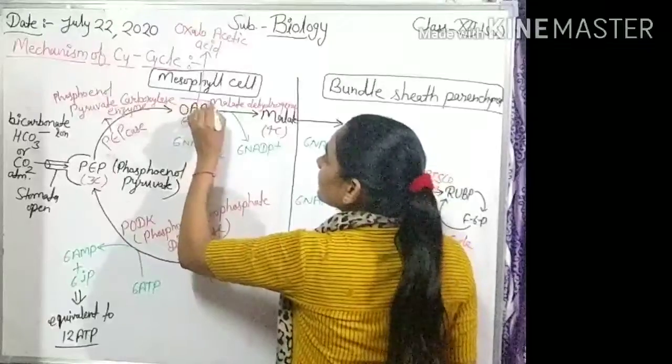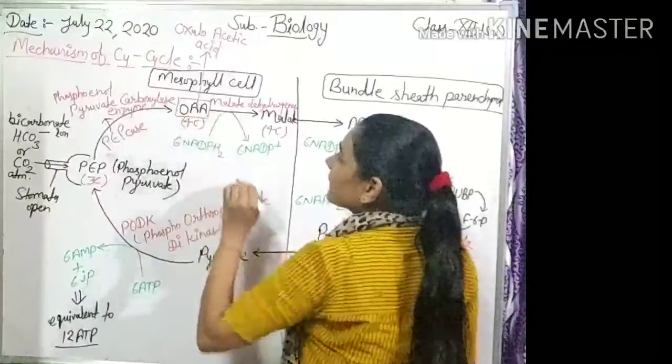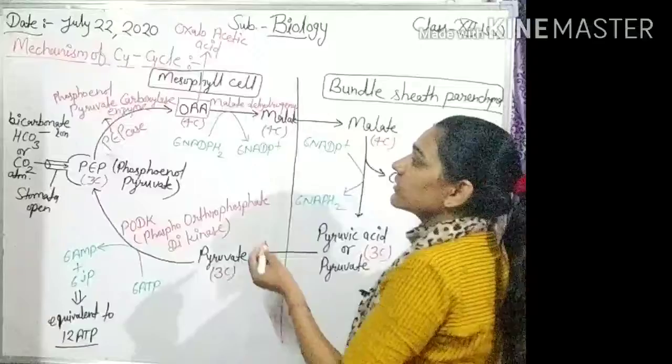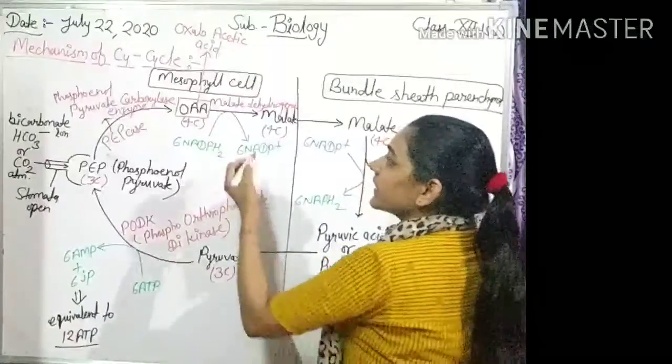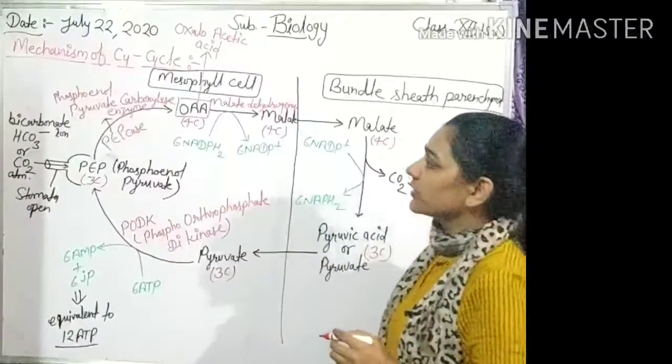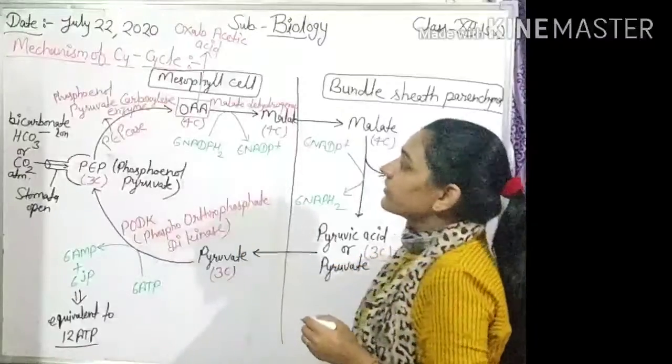So in the C4 cycle, the first stable compound is 4-carbon. That's why the Hatch and Slack cycle is known as the C4 cycle.